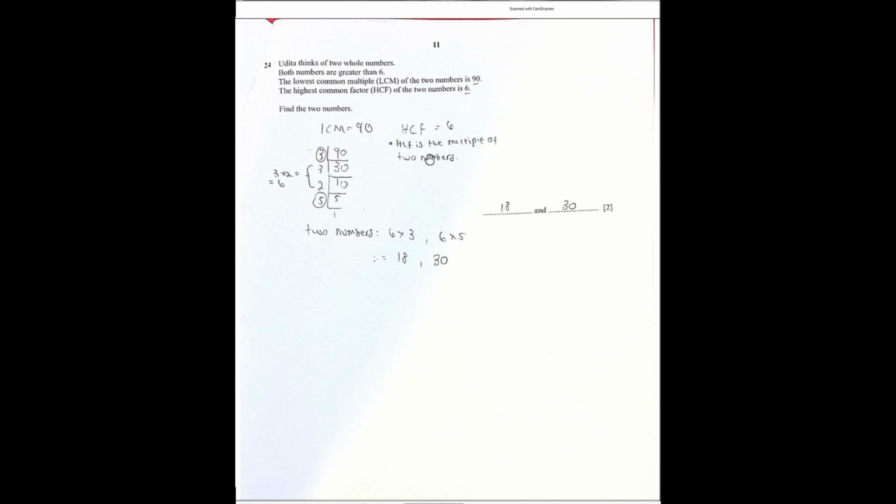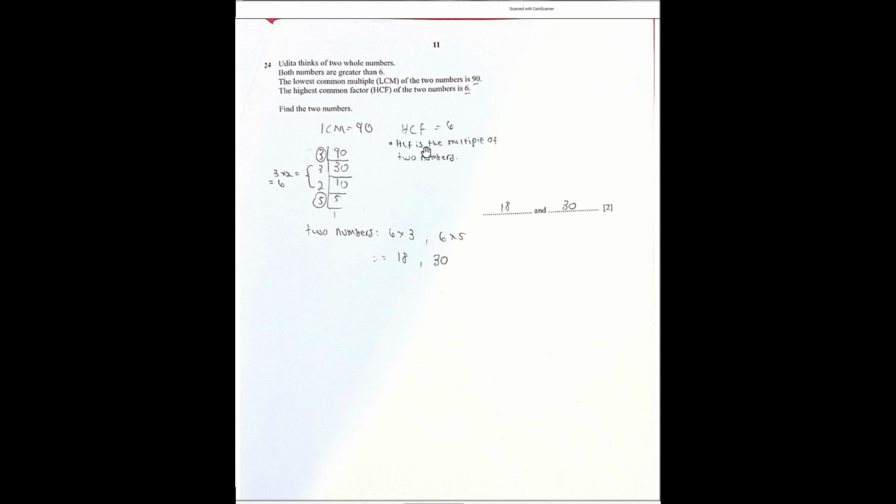One of the important things to understand here is that the HCF is always a factor of the two numbers they are talking about. The key to solving this question is to take the LCM that they have given, which in this case is 90, and find the prime factors of this 90, which will give us 3, 3, 2, and 5 respectively.